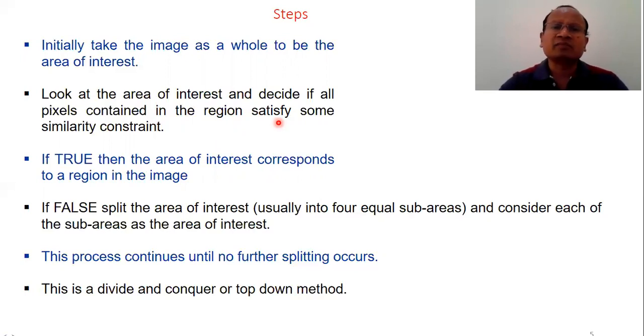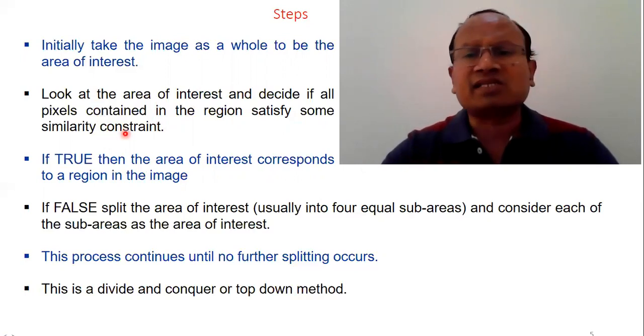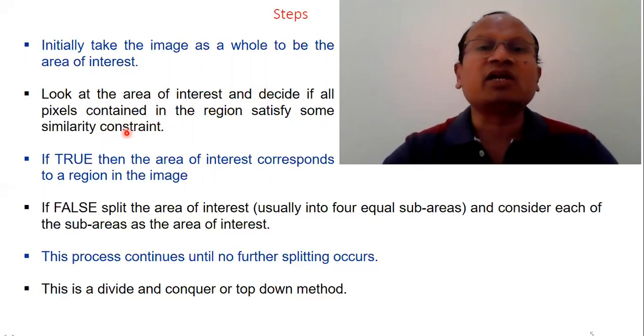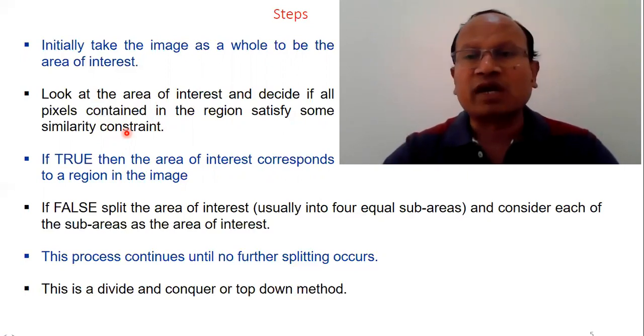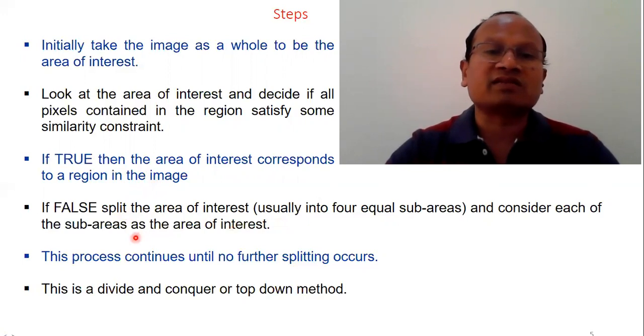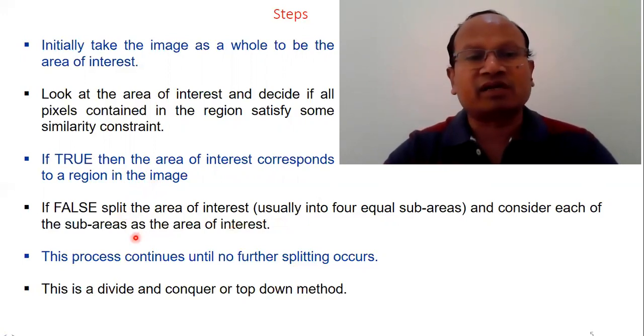If similarity exists in the entire selected area, we will not divide. We split only when it can be split into dissimilar, disjoint regions. If true, the area of interest corresponds to a region in the image. If false, split the area of interest and consider each of the sub-areas as a separate area of interest.